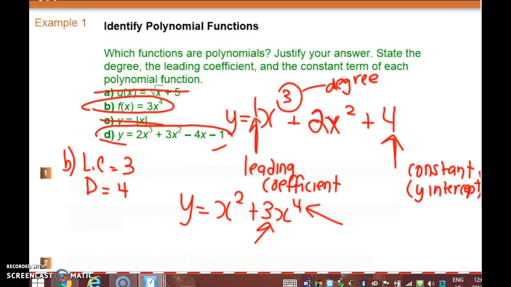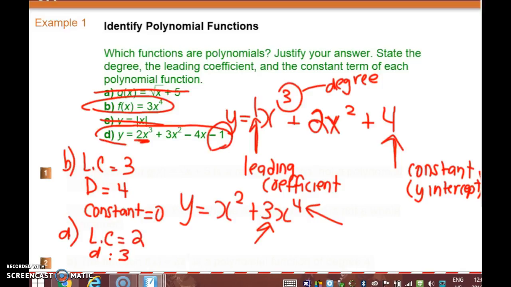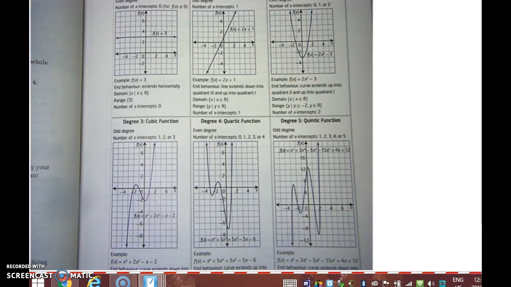Since there isn't a term without an x, the constant is equal to 0. And we can do the same for D. In D, this is the biggest, so the leading coefficient is 2. The degree is 3. And the constant at the end is negative 1.